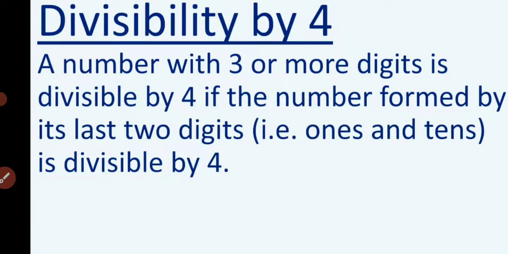So a number with 3 or more digits is divisible by 4 if the number formed by its last 2 digits, that is the digits at the ones and tens place, is divisible by 4. In simple language, if the number formed by the ending 2 digits of the given number is divisible by 4, then the given number is divisible by 4.